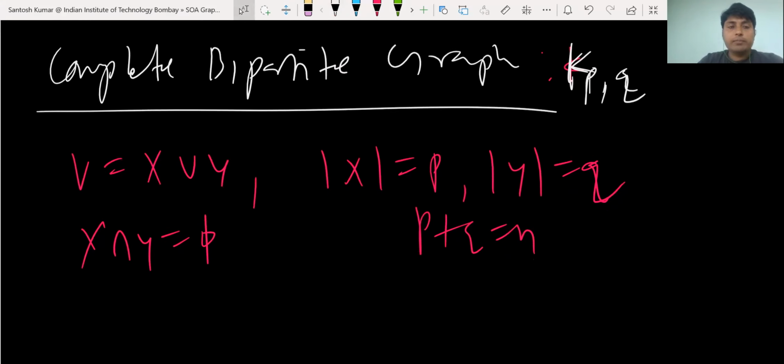So it's a complete bipartite graph. Bipartite means this. What is the meaning of complete here?